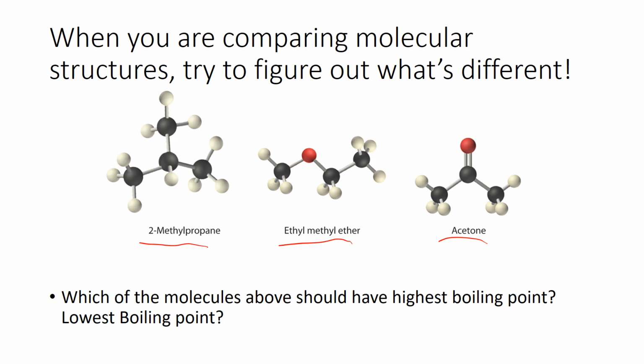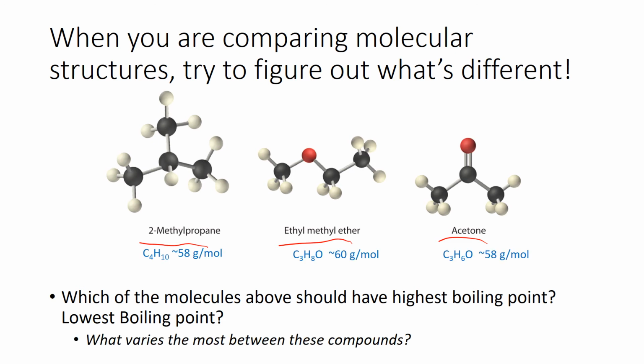In order to answer this question, we have to look at those different factors and determine which one of these varies the most between the compounds. So I've already isolated for you the molecular size. I've given you the molecular formula for each of these molecules and calculated the molecular mass.